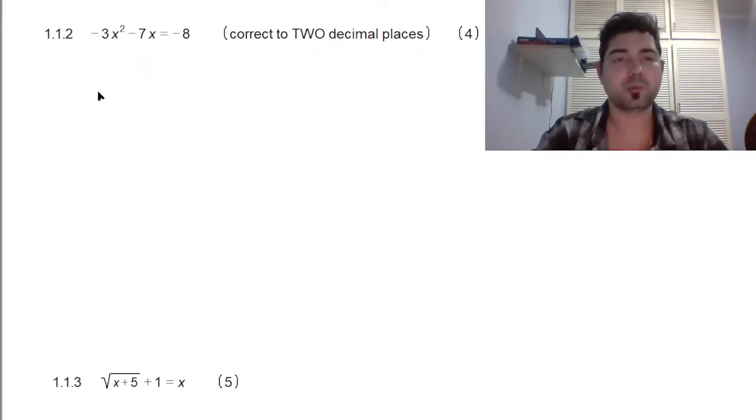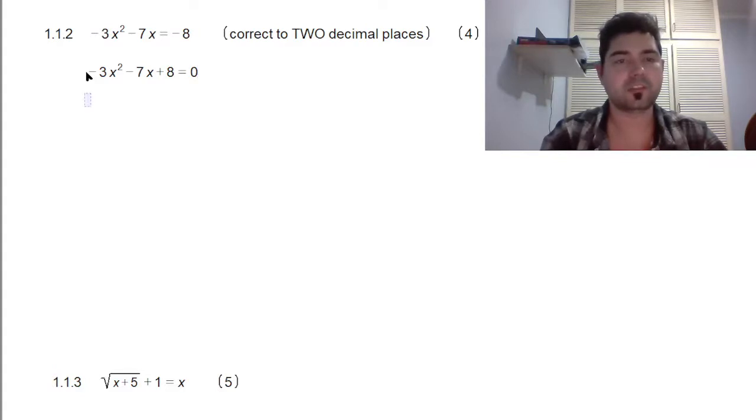Okay, 1.1.2, we've got another quadratic equation. This one is not in standard form yet. It says correct to 2 decimal places, so right away we know we're going to need to use the quadratic formula. So let's just put this in standard form quickly. Negative 3x squared minus 7x, those are staying where they are, plus 8 is equal to 0. We want everything on one side when it's in standard form.